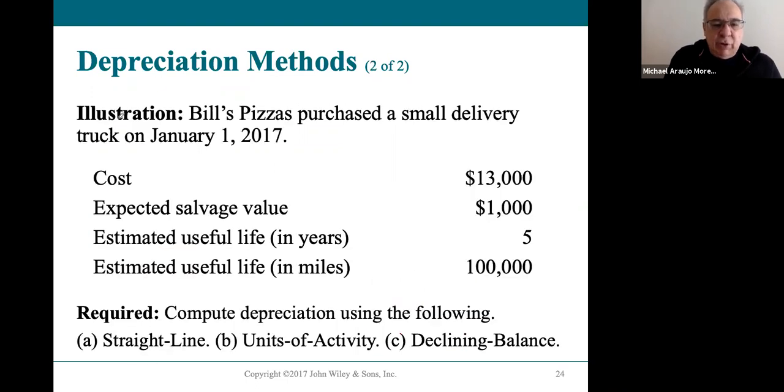Okay. So let's take a look at how it would work for Bill. Bill bought a small delivery truck for $13,000. Small. I mean, I don't know, maybe he winds it up to get it going? I'm not sure. Pulls a little string off the back of it to get it going. $13,000 for a truck. Ooh, that's dirt cheap.